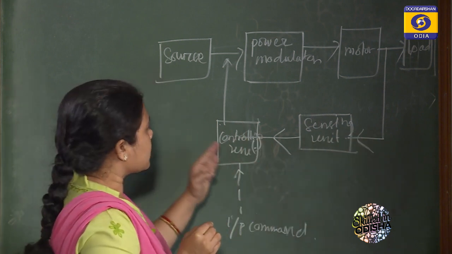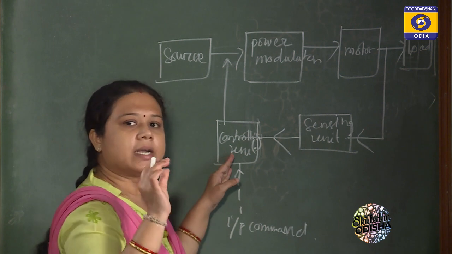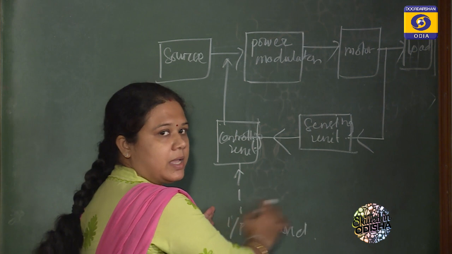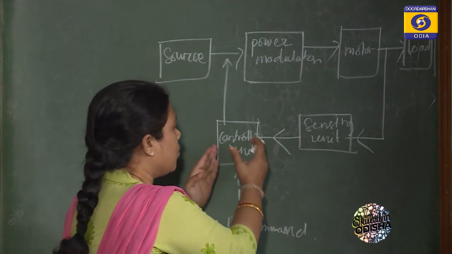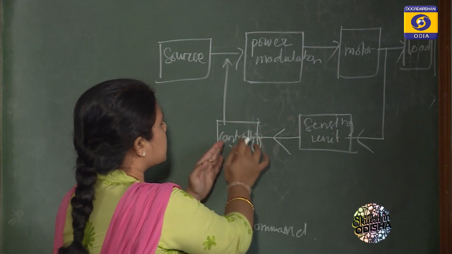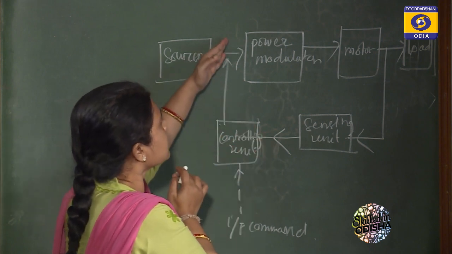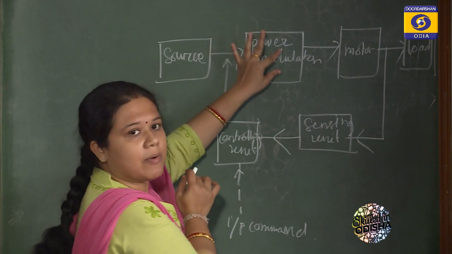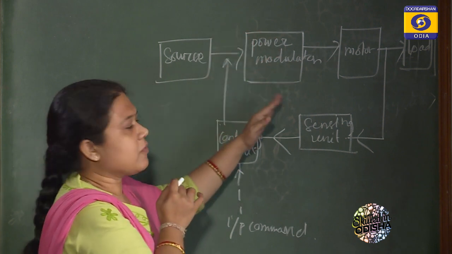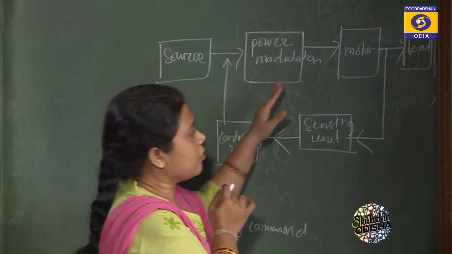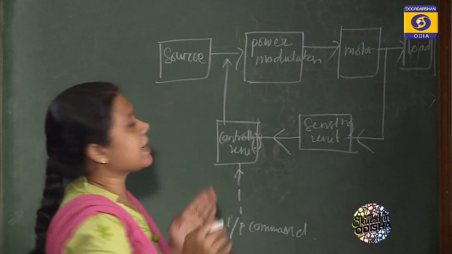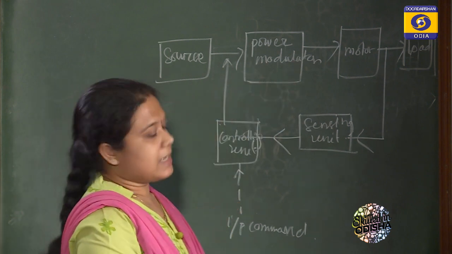At this controlling unit, as per our demand or requirement, the external input command will be given here, which will modify the signal, and now the output from this controlling unit will go to the input of this power modulator. So in this recycling way, or in this closed loop system, we can get our desired output. So this is the block diagram of our electrical drive system.